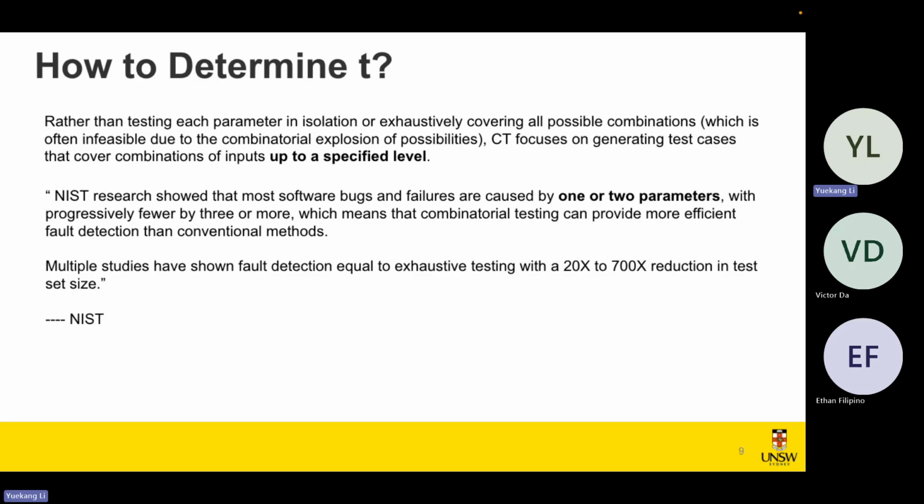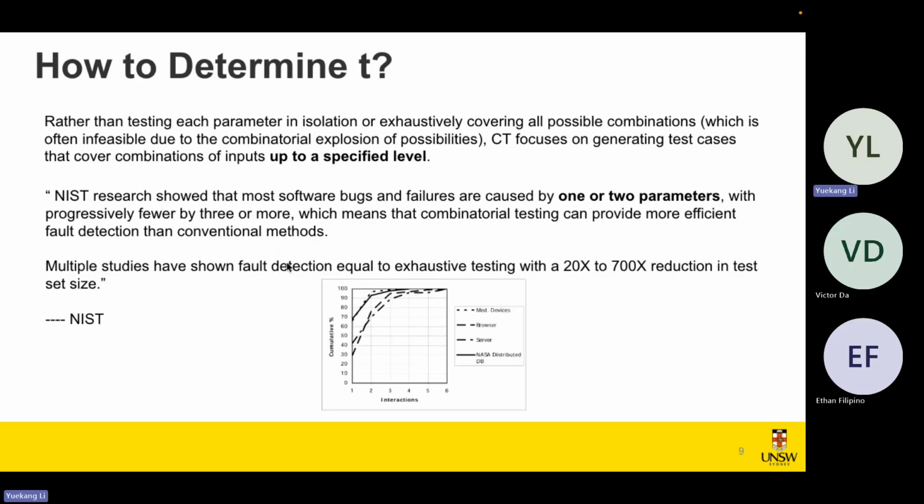You don't need to go through all the text in detail. You just need to see this figure here. The x-axis is the level of interactions, which means the value of t here. And the y-axis is the percentage of the test cases of faults that could be discovered.